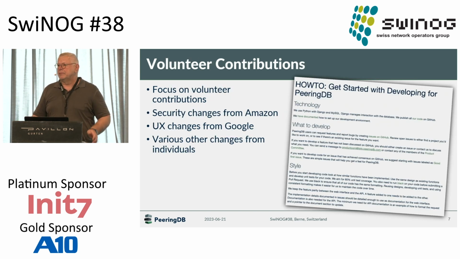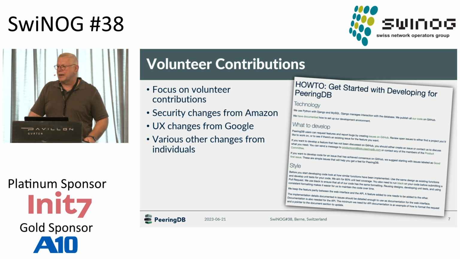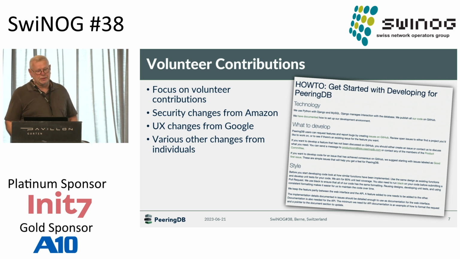So this is overall what PeeringDB is. What we also did recently, in the last year, is to rely on volunteer contributions. Especially, we have contributors and sponsors who heavily rely on PeeringDB, and they are really interested in PeeringDB working.